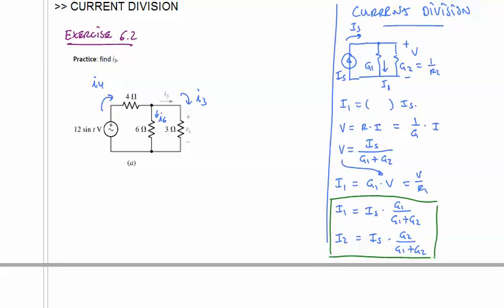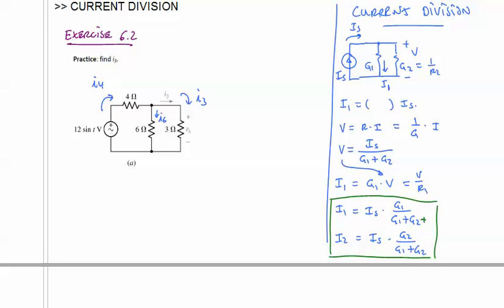Here, the net current through R1 or G1 is equal to the total current that's flowing through all resistors times the conductance, not the resistance, the conductance of G1, divided by the total conductances of all paths. So if you had a third resistor in parallel, you could just add plus G3 if there was a G3 out here in parallel. Okay, and that's how easy that would be to add.